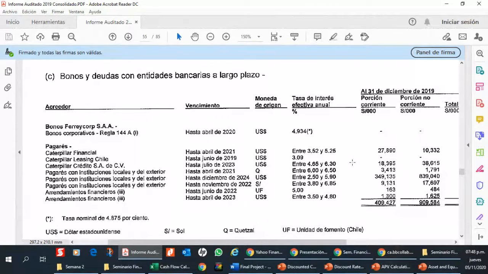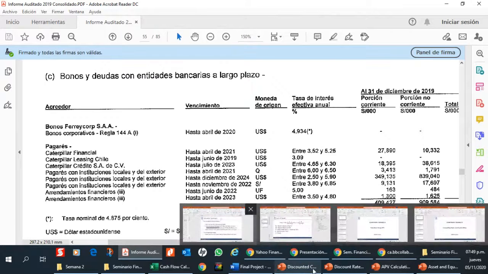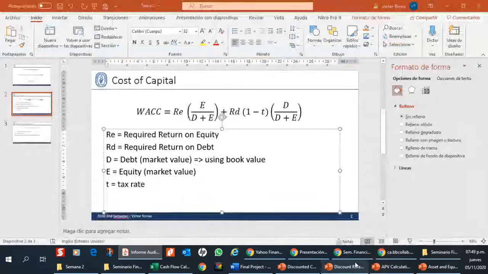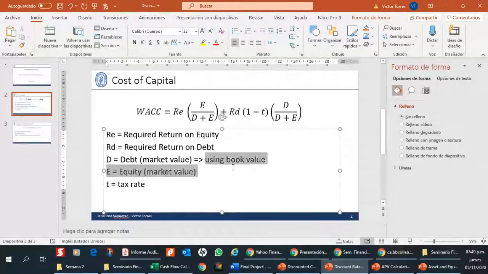And if you don't know the actual price, you're going to be using the historical price, the price at which it was last traded. And the last time that bond was traded was 2 years ago, and that's not market data. So in those cases, it's actually better to go with book value as an estimate of the market value of your debt.